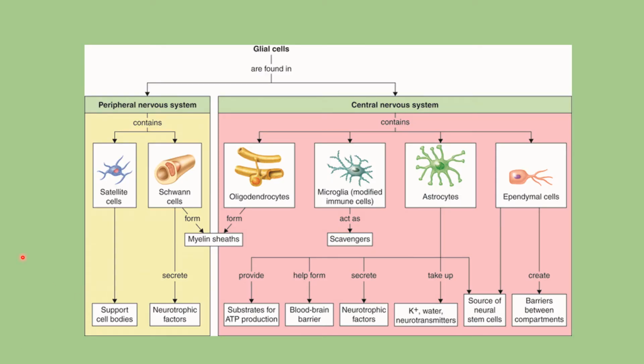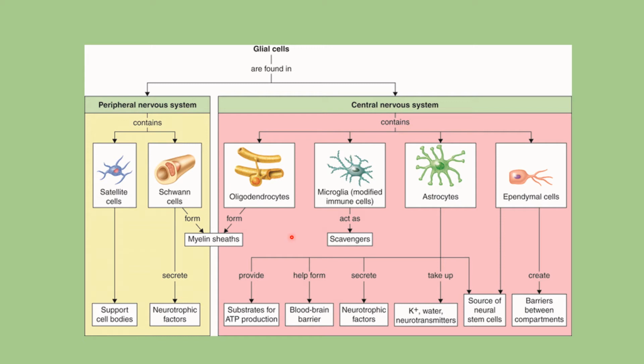So peripheral nervous system, once again, satellite cells helping to support the cell bodies, and then the Schwann cells are helping to form those myelin sheaths. Similarities, but also differences to the oligodendrocytes, as I just said, from the central nervous system.